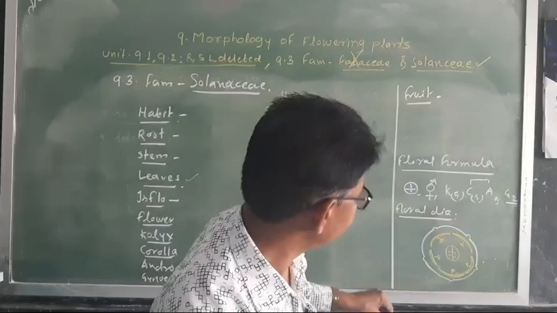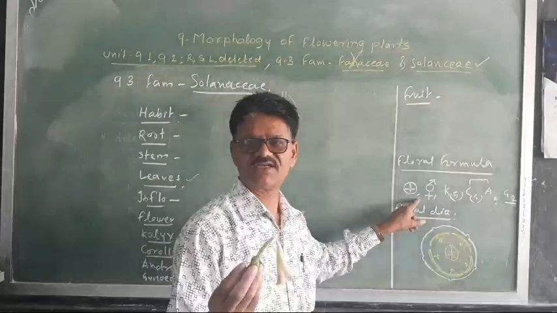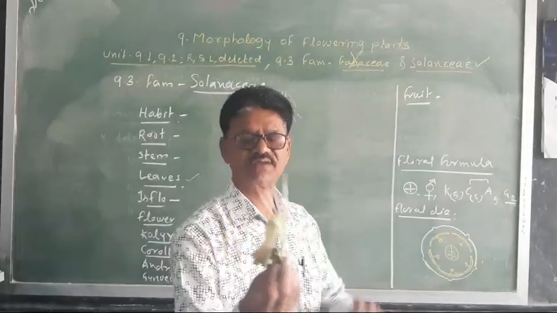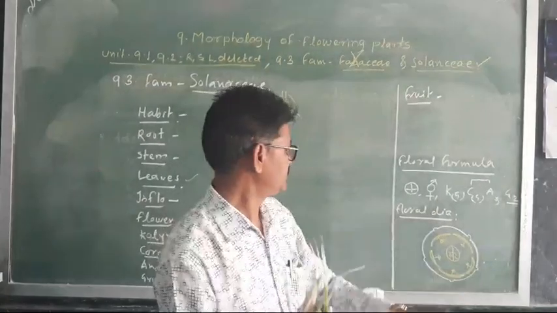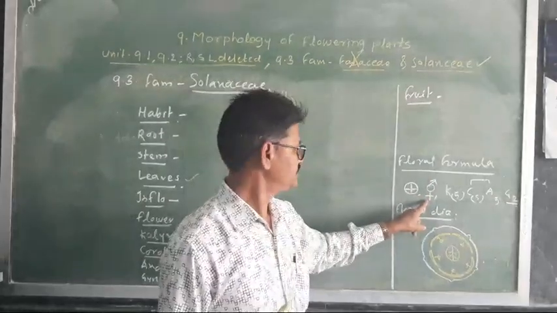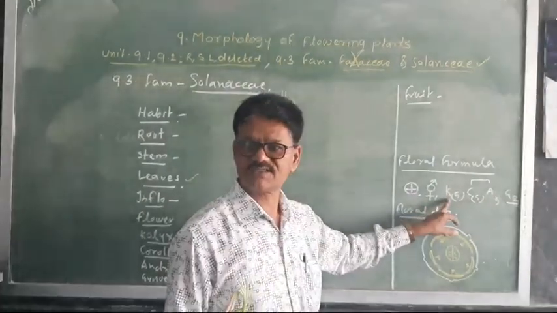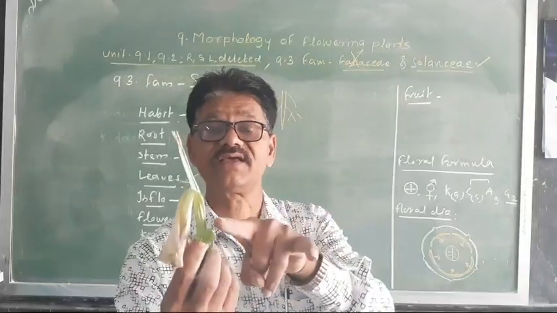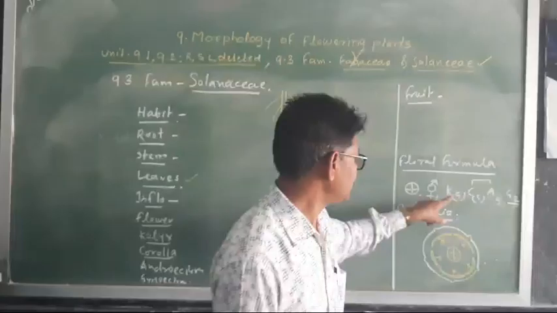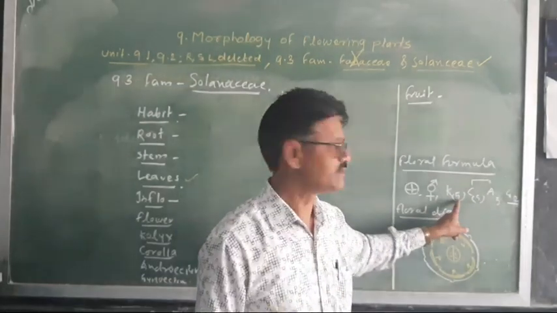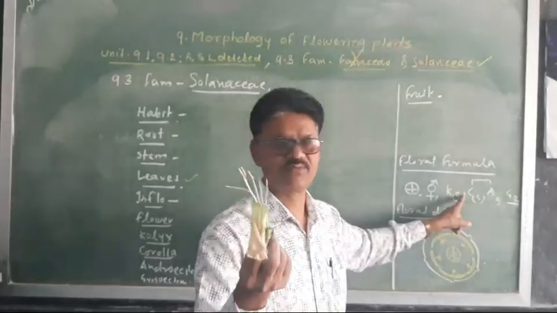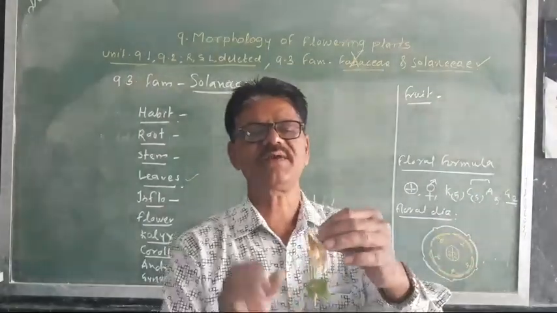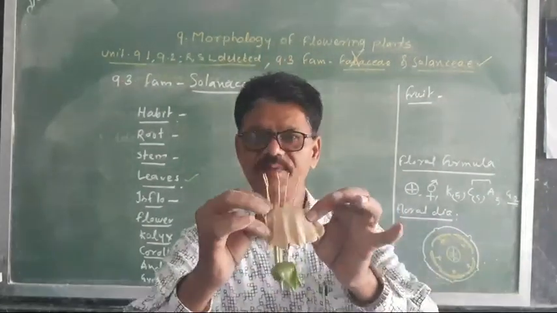In this flower both androecium and gynoecium are present, so it is bisexual. How many calyx? Calyx consists of 5 sepals. They are united, so you write this 5 in a bracket, gamosepalous. Then the corolla consists of petals. I showed 5 petals.